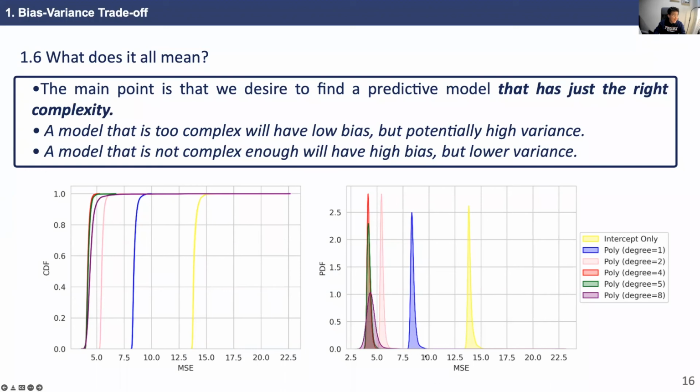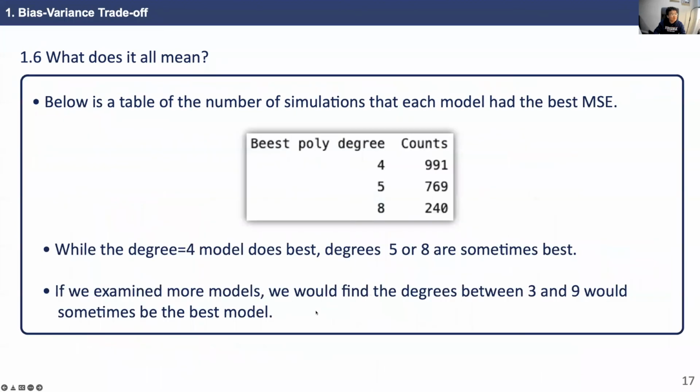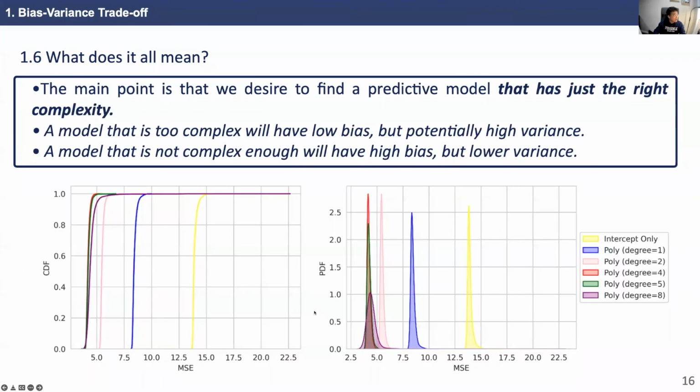So you may have the polynomial model with MSE value 7.5, or maybe you will end up with the polynomial model degree 1 with MSE around 10. I really hope you understand these two figures, and please contact me if you cannot understand this lecture. This is really important to understand the machine learning concept.